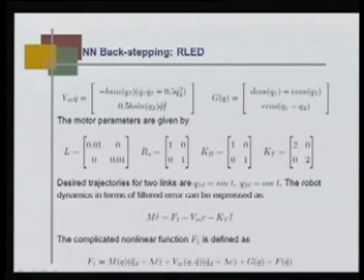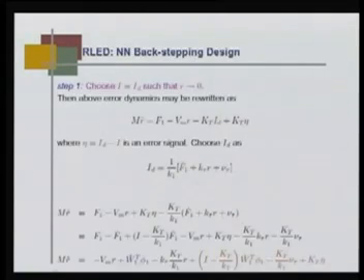So, robot dynamics in terms of filtered error: in the beginning we always represent the robot dynamics in terms of filtered error, M r dot is f1 minus V_m r minus k_t i, where f1 is given by this particular quantity. You see that with this kind of expression, we can always say that this is stable, provided I can select i equal to desired i_d such that r tends to 0.